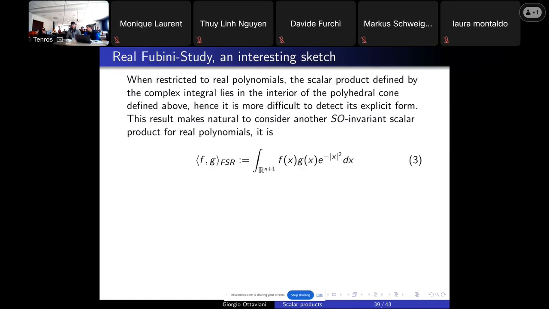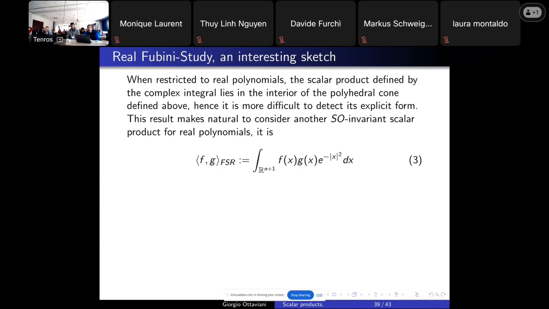I learned these things from Antonio Lerario, but it's quite beautiful. If f and g are real, you can define the same as above, but now computing over the reals. This is called the real Fubini-Study product. It's a different integral, but still is invariant by the action of the orthogonal group.